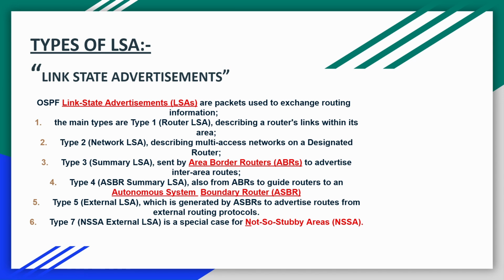Type 4 ASBR summary LSA, also from ABRs, to guide routers to an autonomous system boundary router. And type 5 is external LSA, which is generated by ASBRs to advertise routes from external routing protocols. Type 7 NSSA external LSA is a special case for not-so-stubby areas, NSSA.